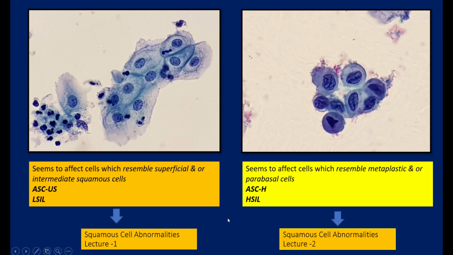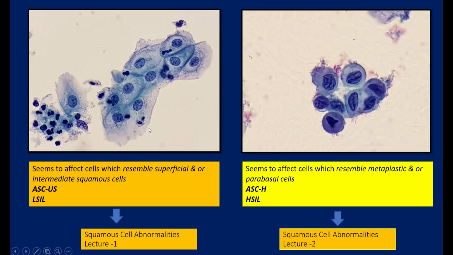To begin with, I shall bring back one of the slides from the previous lecture in which I have explained why I like to look at squamous abnormalities in two major halves.